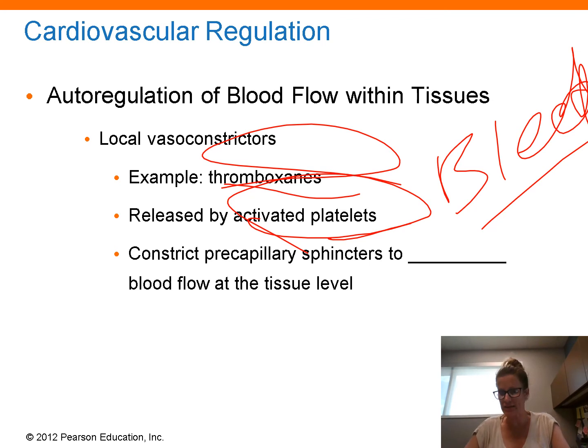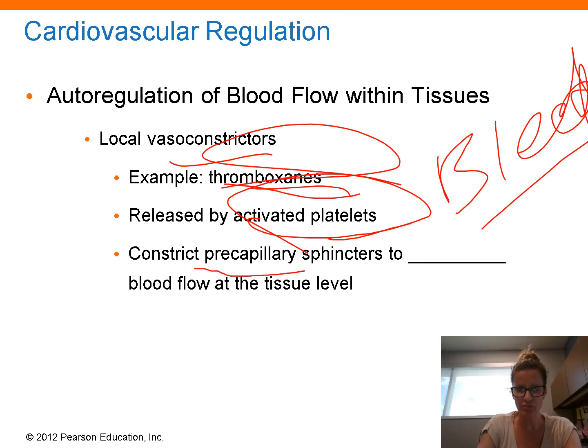Well, this makes sense. If you have a vessel that breaks and you're bleeding, you don't want more blood to come to that area. So it would make sense to have thromboxanes cause precapillary sphincters to constrict so that you don't bring blood to that area where you have blood being lost through a bleed. So thromboxanes are local vasoconstrictors.